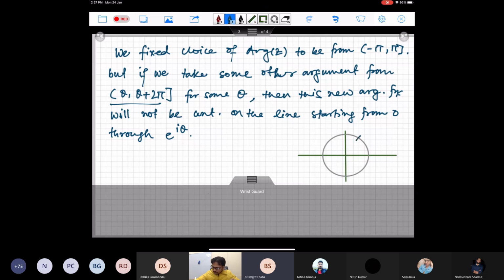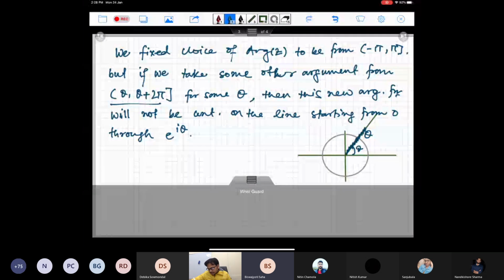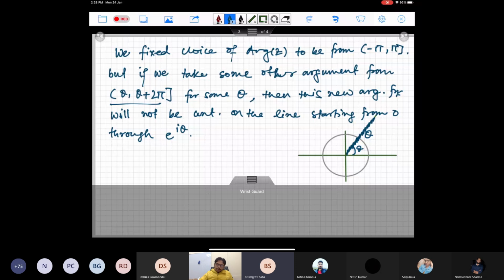So this angle is theta. Then in this whole line, the argument function is not going to be continuous. So you definitely need to remove this line in order to make your argument function continuous.